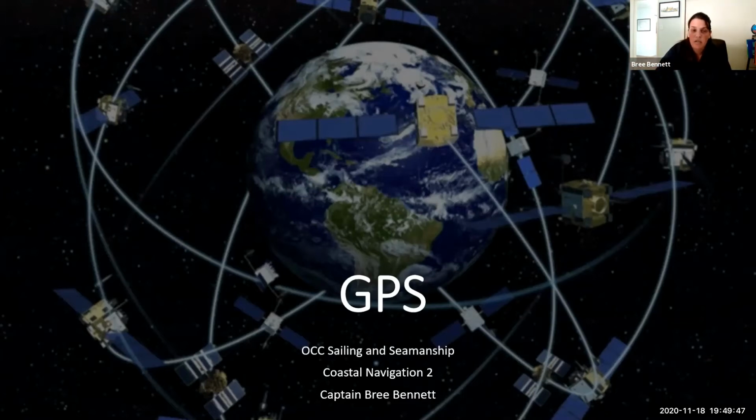It's always good to be verifying all of your instruments so you can catch when one goes wrong. Hopefully if one starts having errors, it will alarm for you, but you do want to verify it all. So let's dive into GPS.